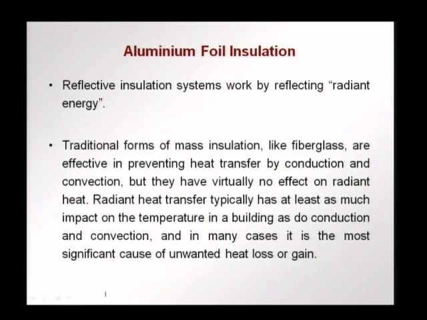So, we already said that aluminum is used in insulation. This is through the use of foil, and the idea is that the radiant energy is reflected off, it does not get into the material.